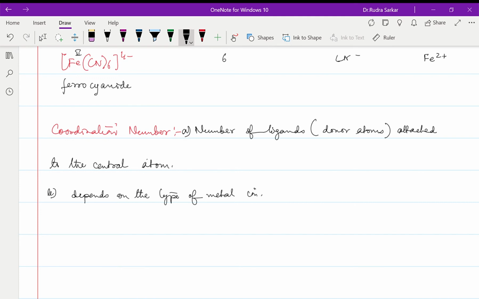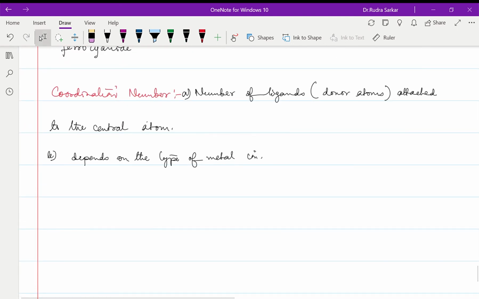Of the orbitals available for the metal ion to link up with the ligands. Okay, that will decide the kind of orbitals that are present or available for the metal ion to link up with the ligands. That will decide the coordination number.